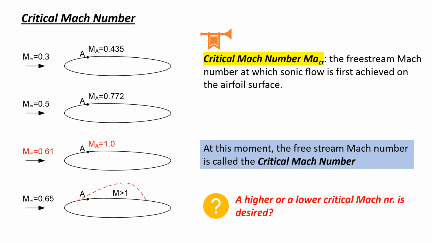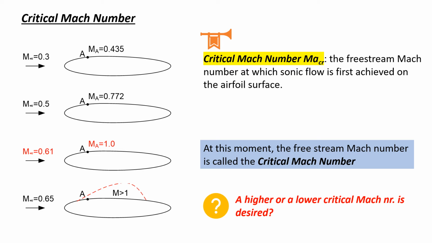Now I have a question. Do we desire a higher critical Mach number or a lower critical Mach number? I will give you a few seconds to reflect. Yes, we prefer a higher critical Mach number. Why? Because that would postpone the appearance of sonic or supersonic flow over the aerofoil.